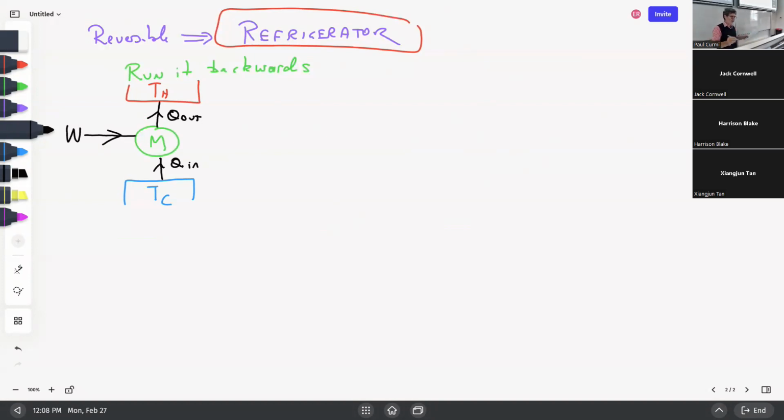So just some little things that I don't really care about. I'm going to define the coefficient of performance.